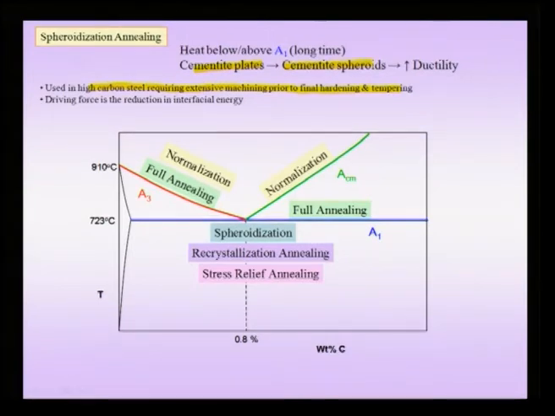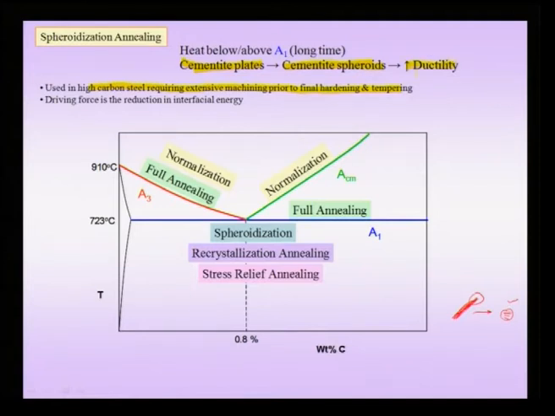Initially you may have cementite with a morphology of plates, and we try to replace this with a morphology more like a sphere. In this process we are increasing the ductility, because the corners of these plates can act like stress concentrators, and in the form of spheres such stress concentration does not take place. Therefore, if you do spheroidization annealing, these cementite plates can be replaced by cementite spheroids, which increase the ductility of the material.